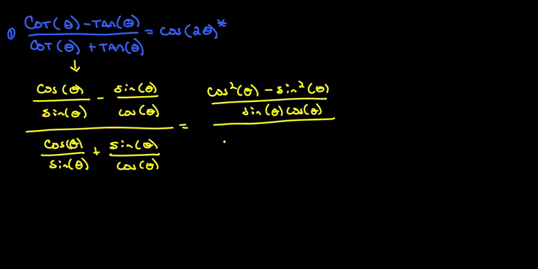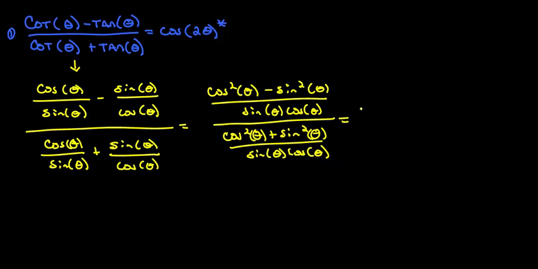And I would divide that by cosine squared theta plus sine squared theta over sine theta times cosine theta. I hate to even write this out because it's a lot of work, but essentially I'm going to take this numerator and divide it by this denominator, which means multiplying the numerator by the reciprocal of the denominator.